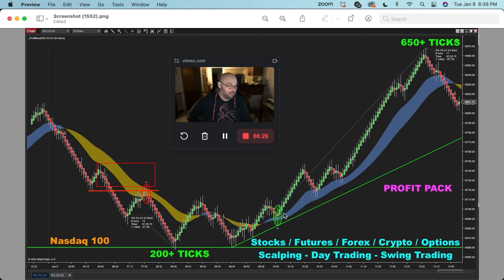You know, 2 is fairly unreliable. 3 is reliable. 4, phenomenal. And what happened? Market impulses and corrects, it impulses and corrects, it impulses and consolidates, it impulses over 650 ticks, guys. Okay? Simple price action understanding.